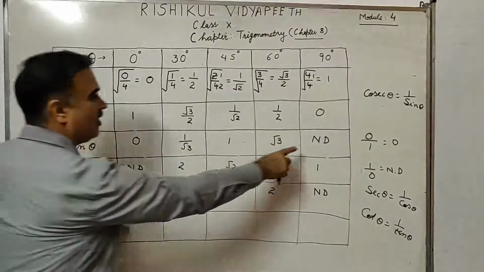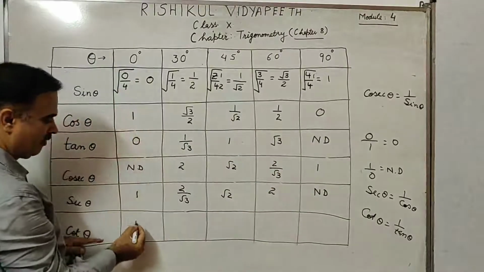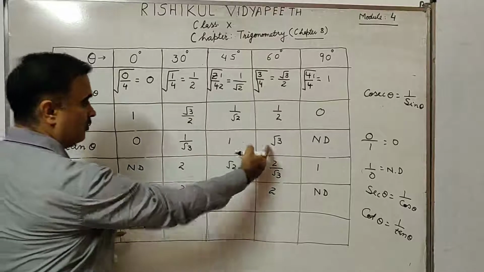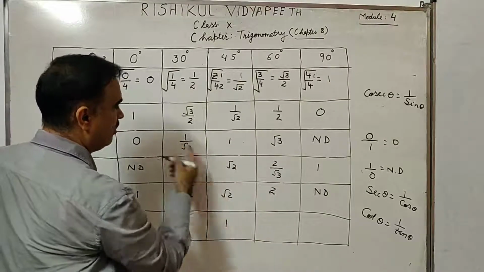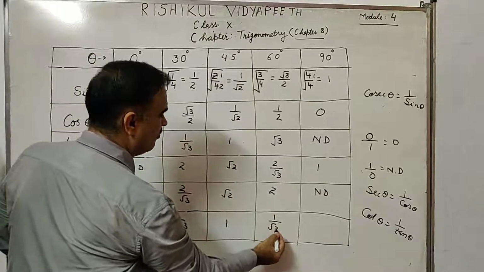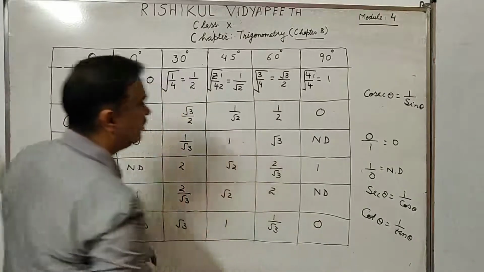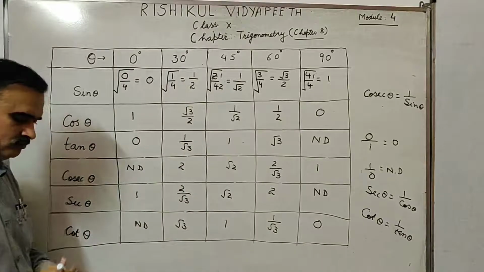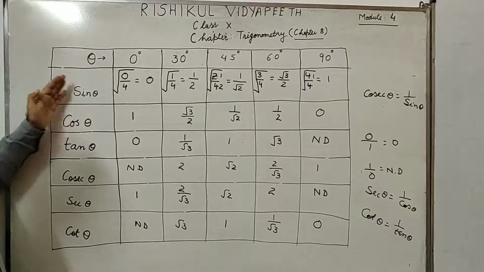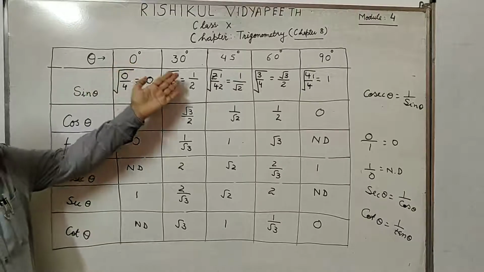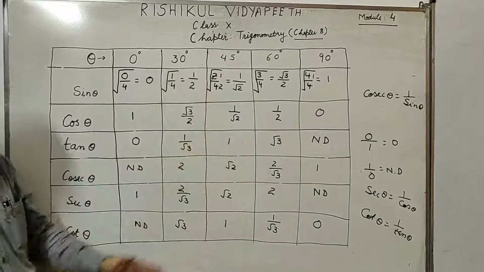So you can write not defined, then root 3, then 1 by root 3, and 0. So these are all the t ratios, the values of all t ratios at angles 0, 30, 45, 60, 90.